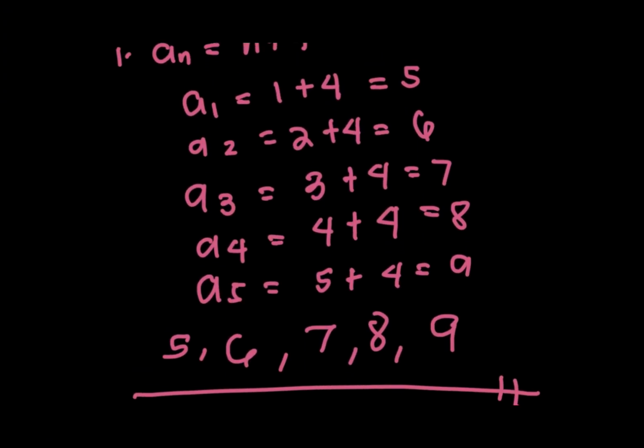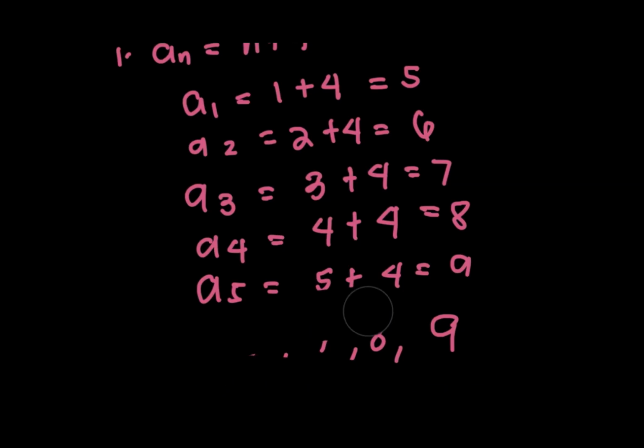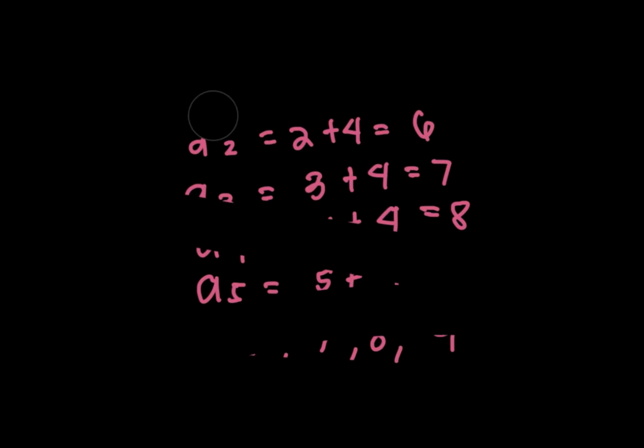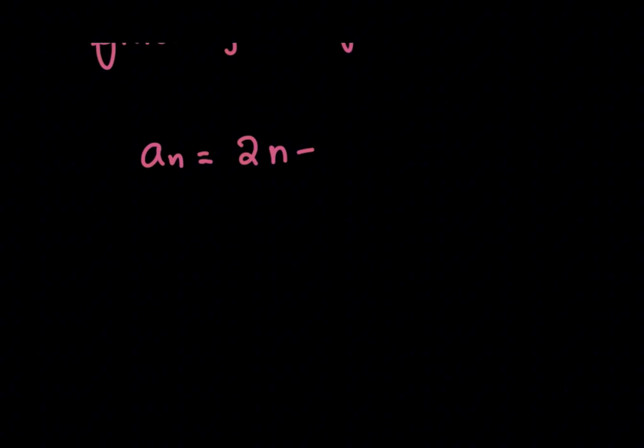Okay, now we have to move on to our second example, which is a sub n equals 2n minus 1. For the first term, we have a sub 1, that is the first term.